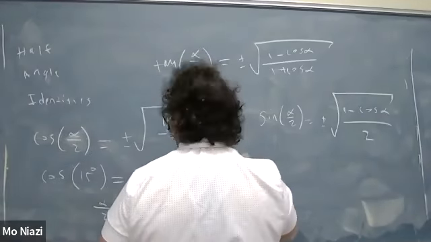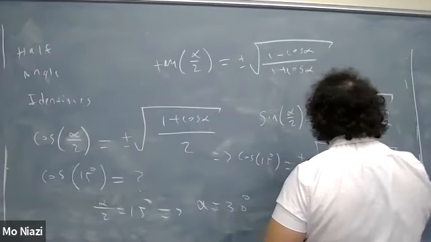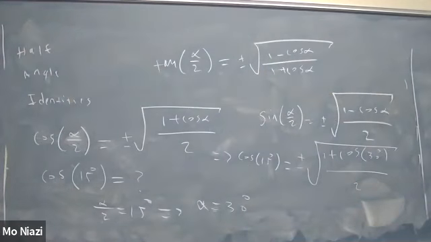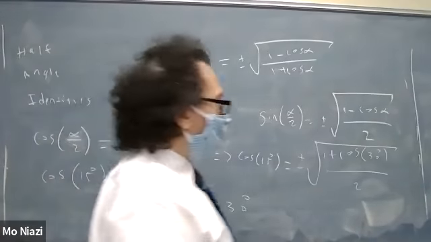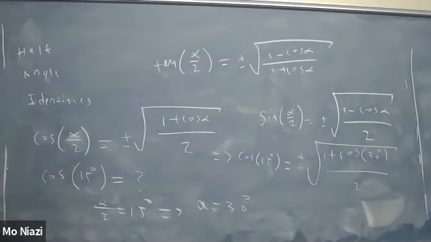So in this equation, the cosine of 15 degrees is the same thing as plus or minus the square root of 1 plus cosine of 30 degrees, everything divided by 2. And we know what the cosine of 30 degrees is. Cosine of 15 is not a special angle, but we can use the special angle cosine of 30 degrees to discover what this non-special angle expression is.